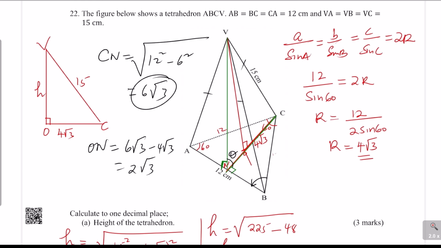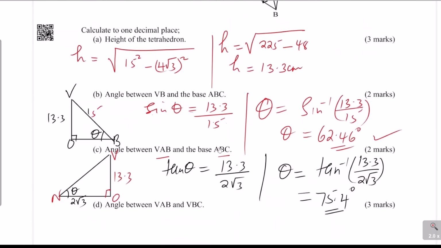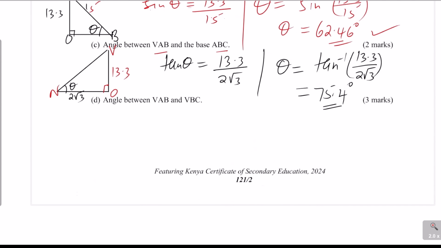And that angle is 60 degrees because it is one of the angles of that triangle at the base that is equilateral, which is 60 degrees. But for you to calculate, you can still calculate that because you need to get 3 marks and show all the methods that we've used. We can simply extract that triangle.